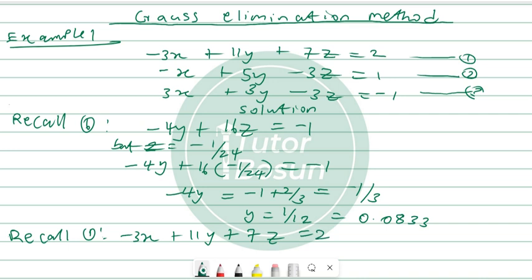Putting y and z into this equation, you have minus 3x plus 11 times 1 over 12 plus 7 times minus 1 over 24 equals 2.